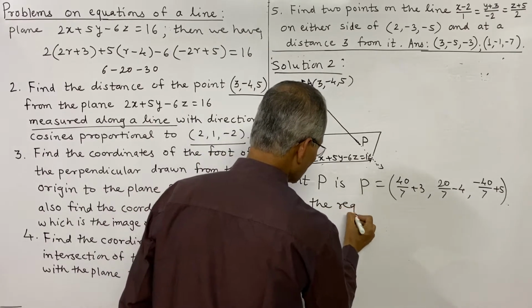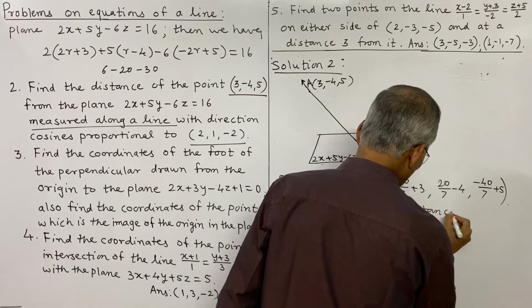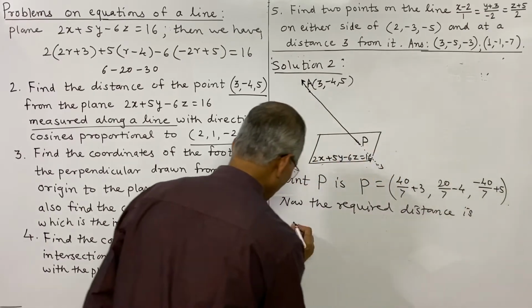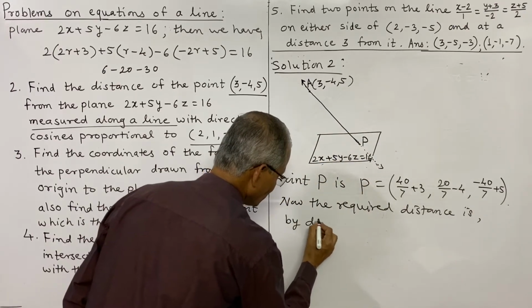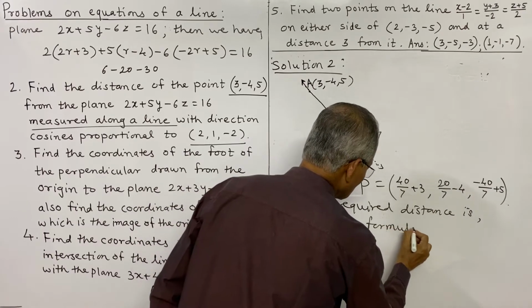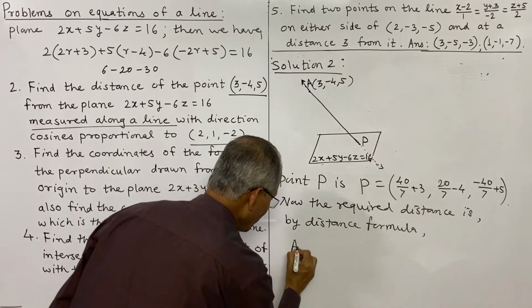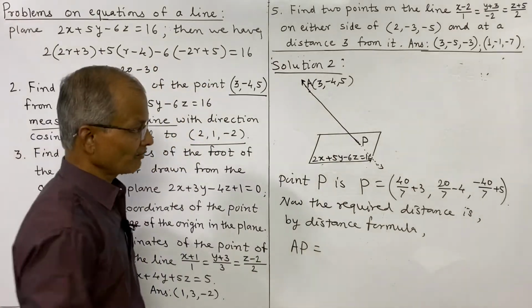The required distance AP is by distance formula. Now you see A is here, 3, minus 4, 5, and P is here.